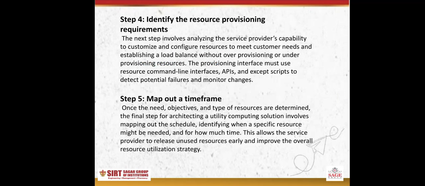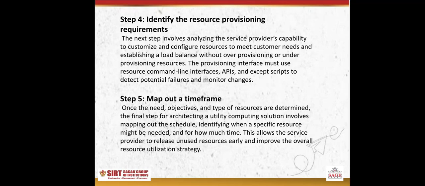Now, the fourth step is to identify the resource provisioning requirement. The next step involves analyzing the service provider's capability to customize and configure resources to meet customers' needs and establish a load balance without over-provisioning or under-provisioning. The next step is to map out a time frame.